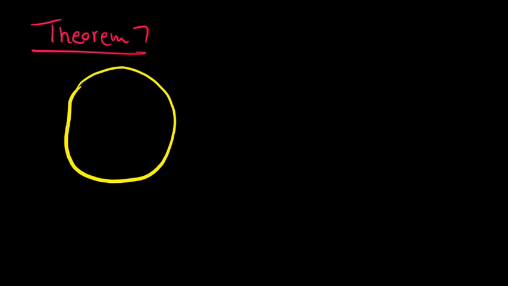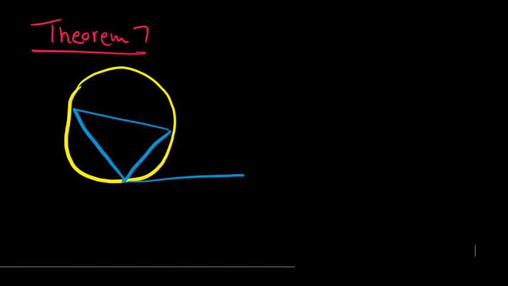So let's assume that this is the circle, and you have your tangent that goes like that, and then you have something that looks like this. By labeling, this is your A, this is your B, C, and D. So it's A1 here.